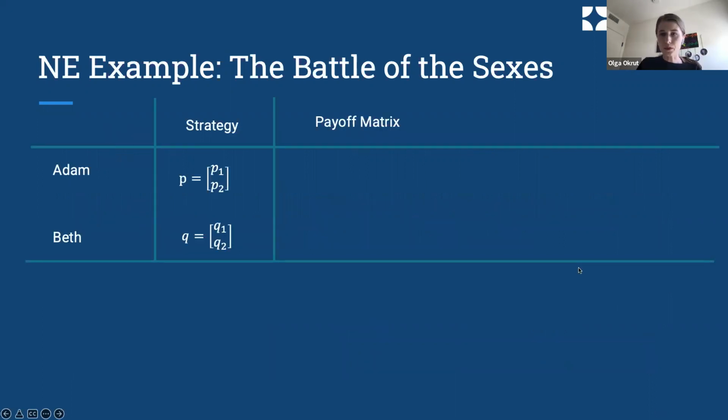So for the given problem, first you have to define your binary variables that represent strategies for both players. Those are p_i and q_i. And then you just need your payoff matrices for both of the players, so the points of satisfaction.